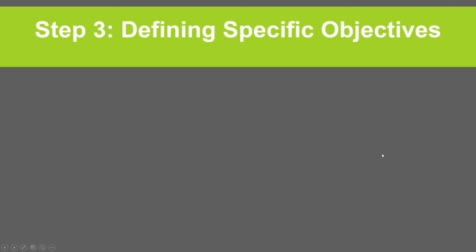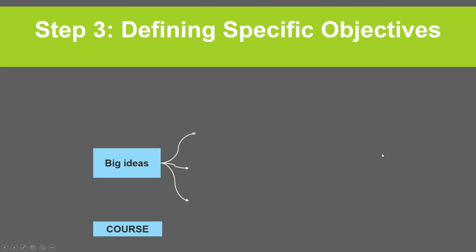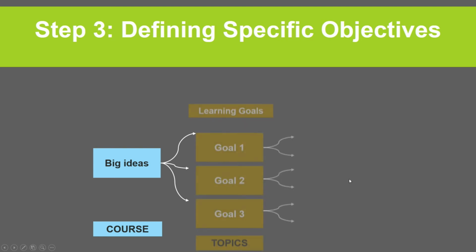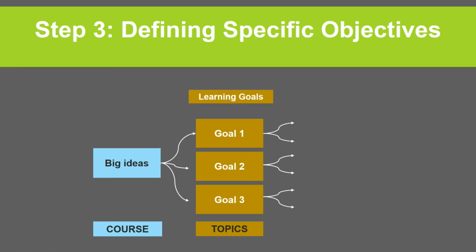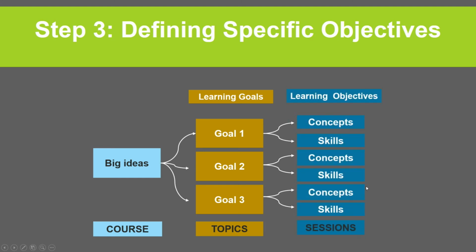As you then go to step 3, we're thinking about specific learning objectives. And this probably happens more at the lesson level or maybe at the week level of your course. So as we break this down, you'll see that big ideas are represented by the learning goals that we just talked about. These are the understandings that you will identify and express in the form of learning outcomes. And then more specifically, these goals will be represented by the key concepts and skills that students would learn in the form of learning objectives.